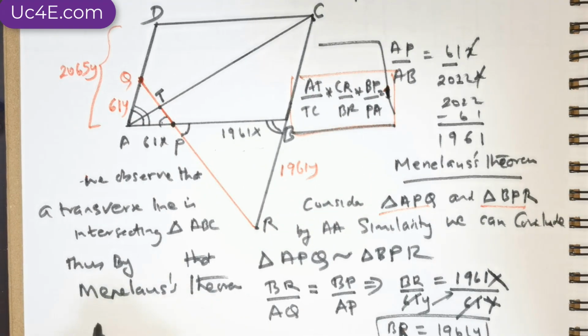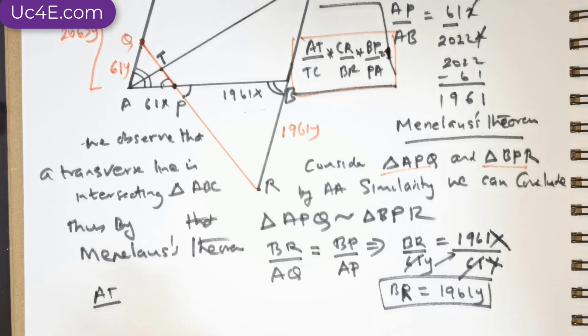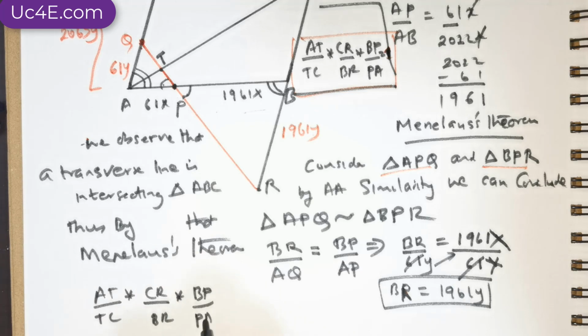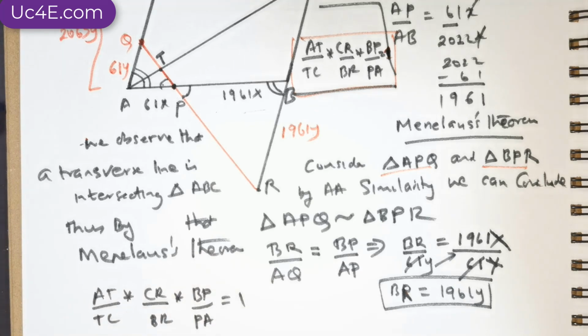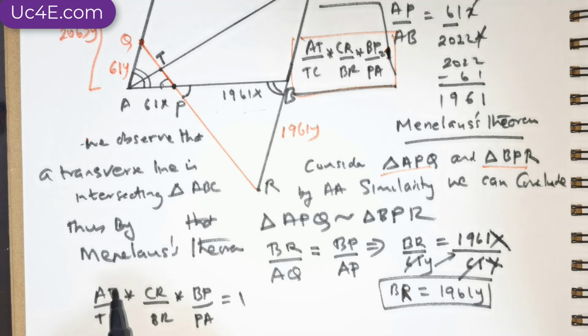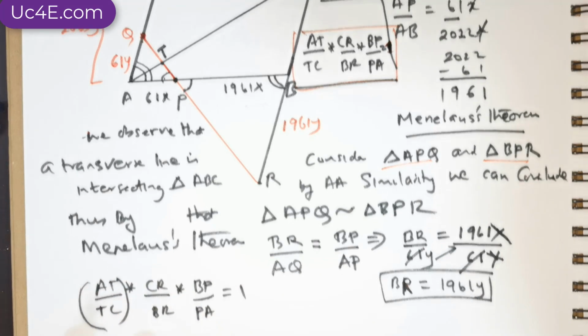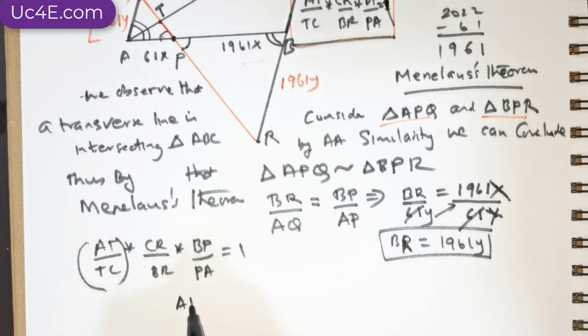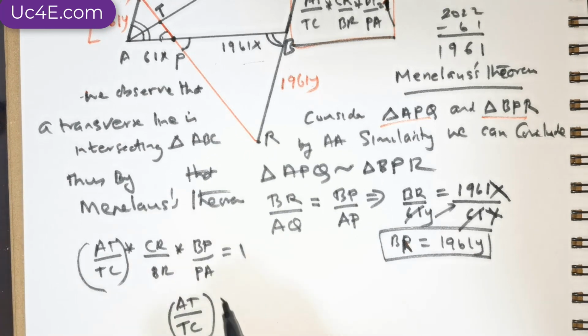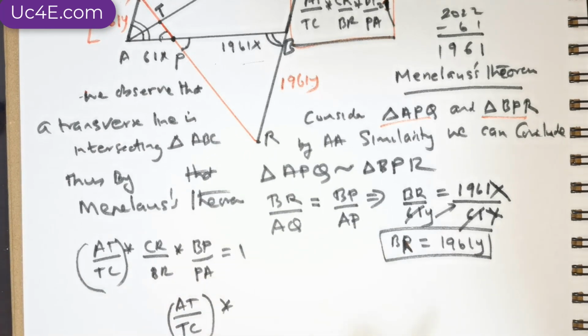So this is going to be AT over TC times CR divided by BR times BP divided by PA is equal to 1. So we will just retain AT over CT. We got nothing to place there. Times CR. What is CR?